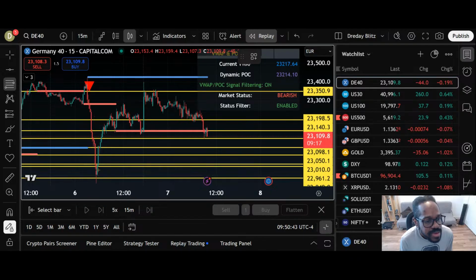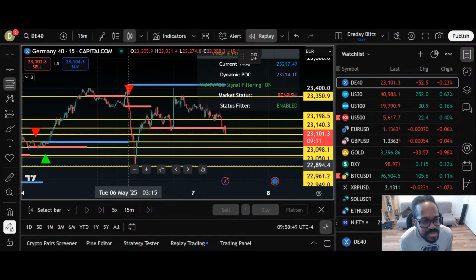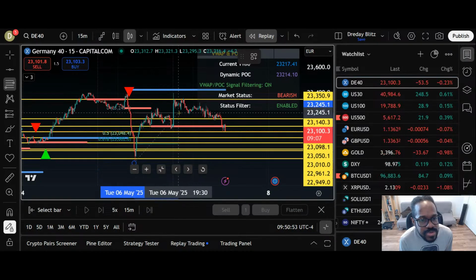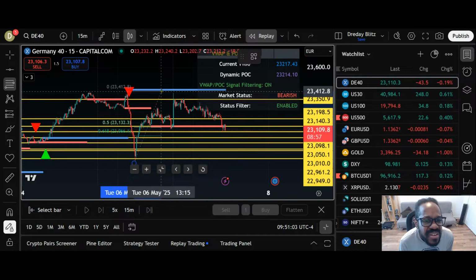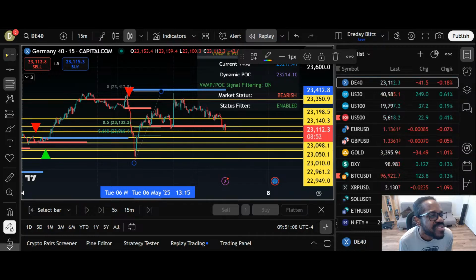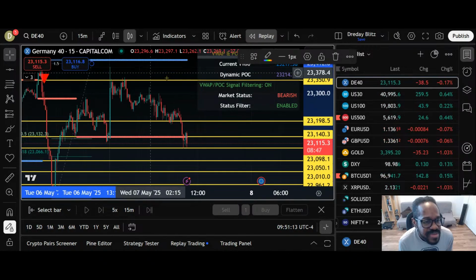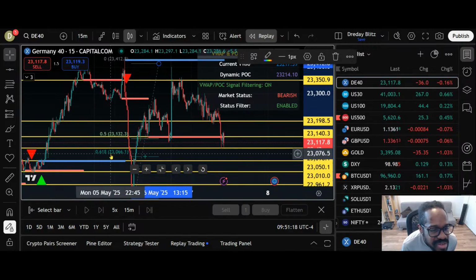So if we put a fib from the low to that high, see here, 50%, 61.8.